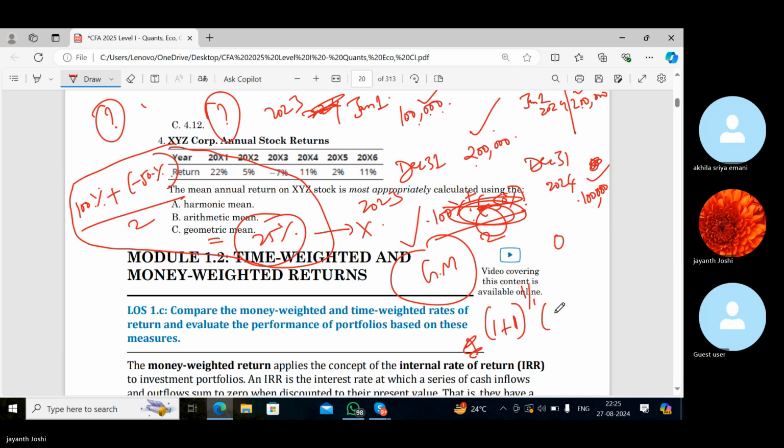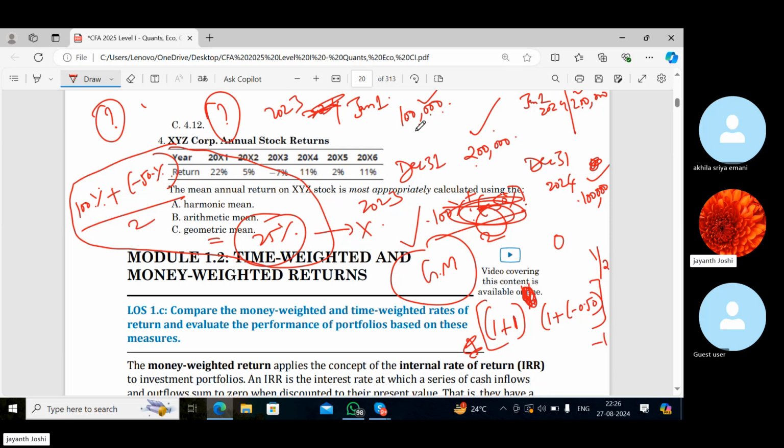We'll just keep it like this because it is the nth root of. So at the end we'll take 1. Then secondly, it is from 2 lakhs to 1 lakh. So 1 plus minus 0.50, and this is whole power 1 by 2, minus 1.